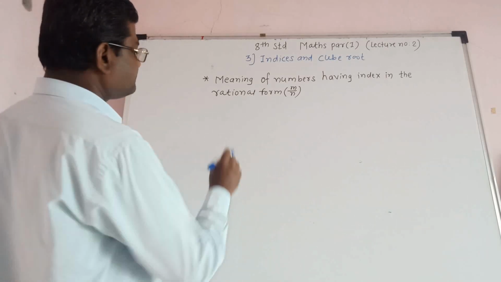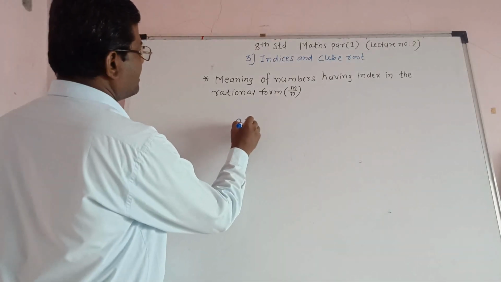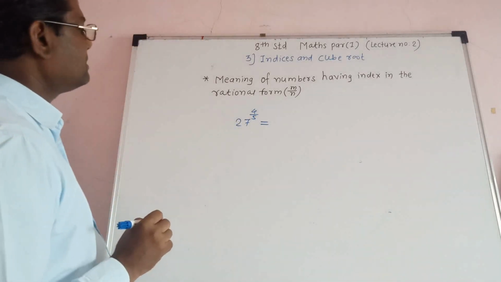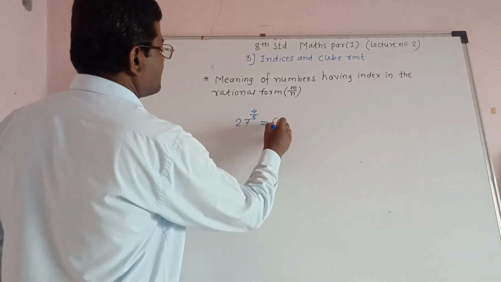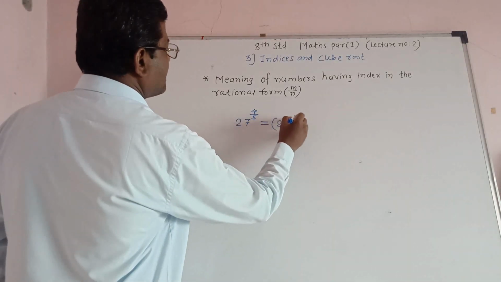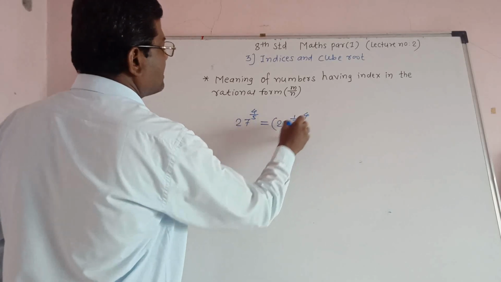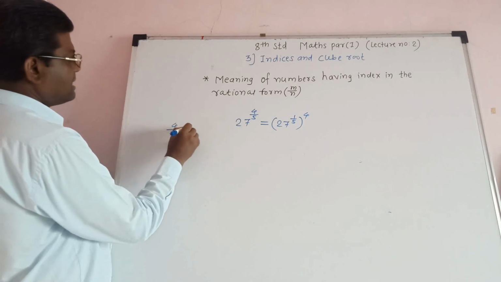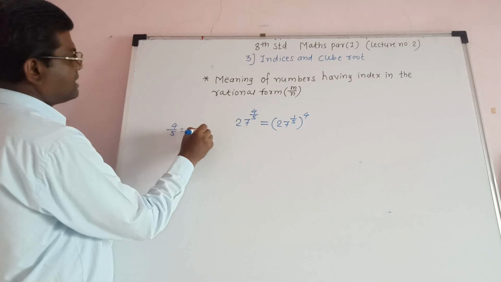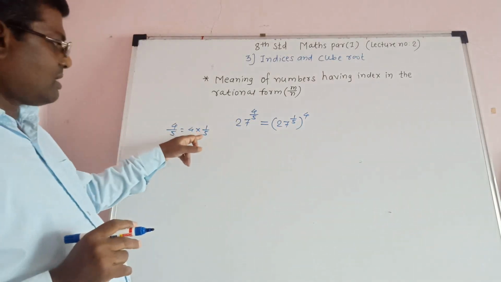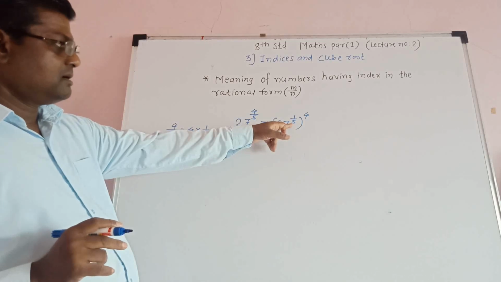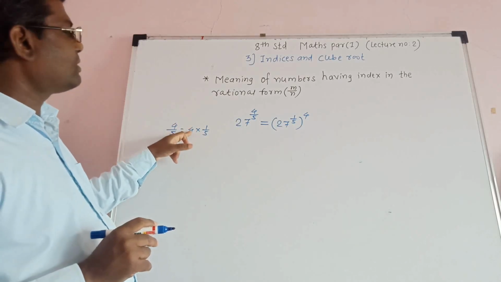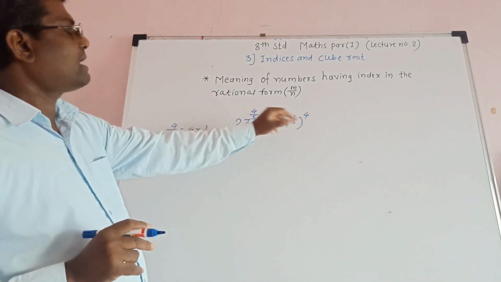Now let us see one more example. Consider 27 raised to 4 upon 5. This can be written in two ways. 27 raised to 1 upon 5 raised to 4, because 4 upon 5 can be written as 4 into 1 upon 5. This 1 upon 5 is taken inside the bracket as the index of 27, and this 4 is written as the bracket's power.